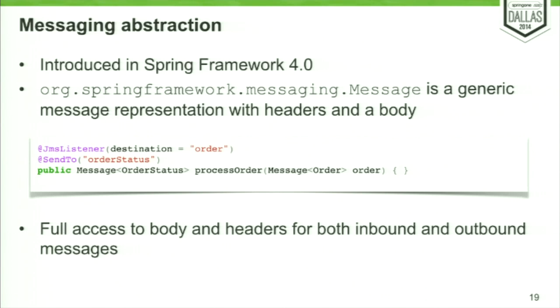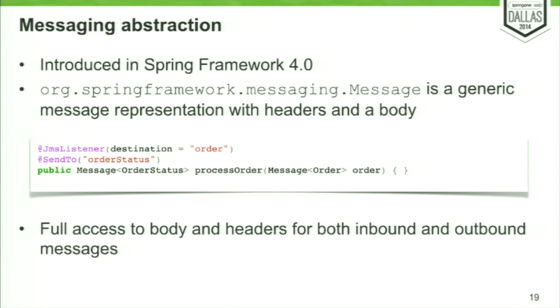For message processing, we support the same types now. So JMS message processing can be delegated to methods such as the one seen here, which is slightly different from the last example we've just seen because it does not request access to the order object directly. It wants a message of payload type order.